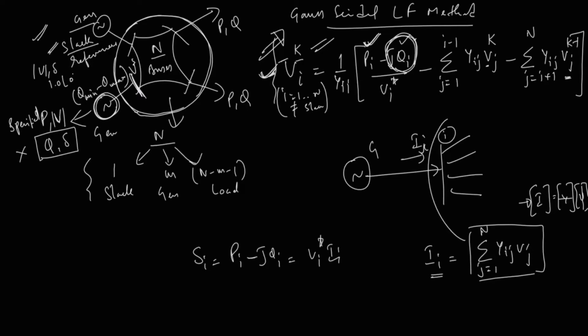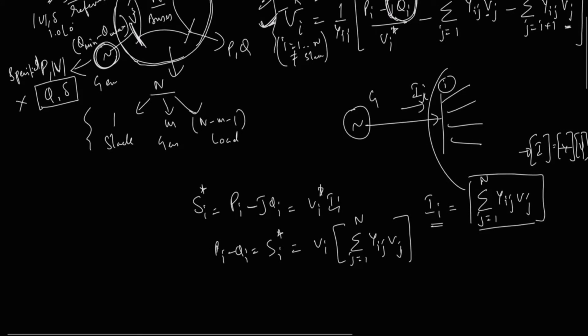I am writing the minus term here because this is the conjugate of power. So V_i conjugate I_i, this is V_i multiplied by this entire term, the summation j equals 1 to N of Y_ij V_j, gives me the complex power, which is P_i minus jQ_i.